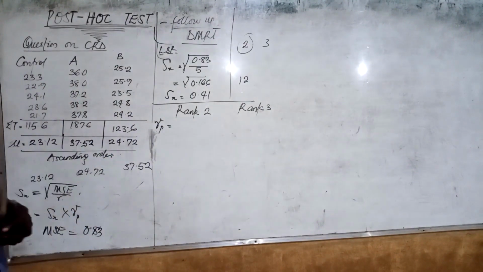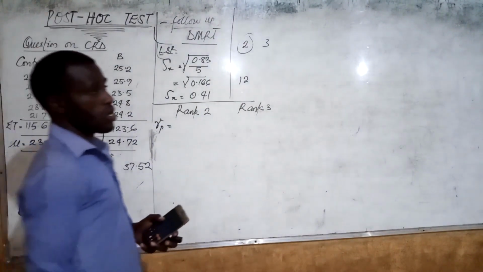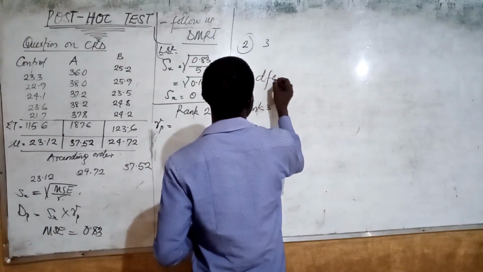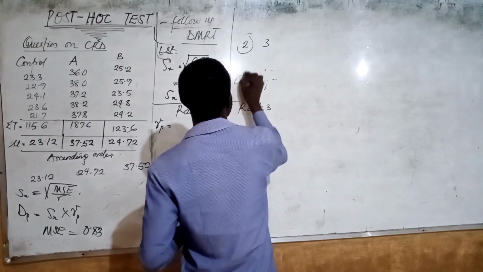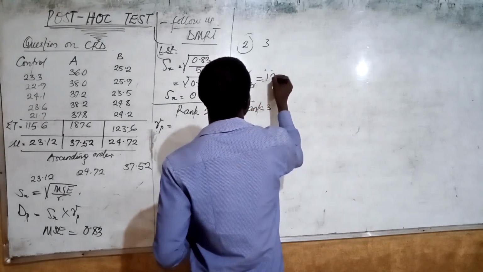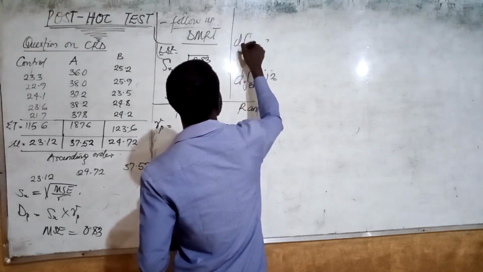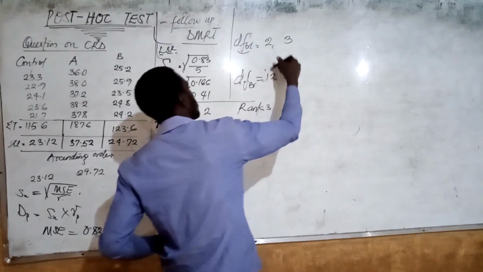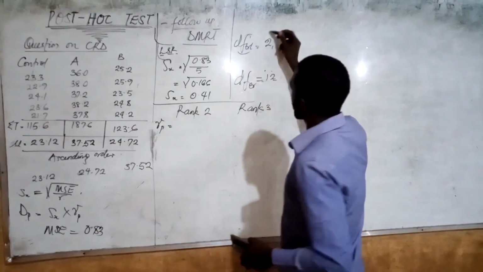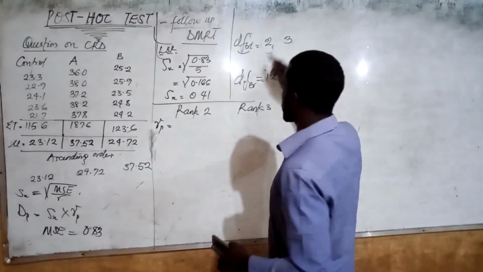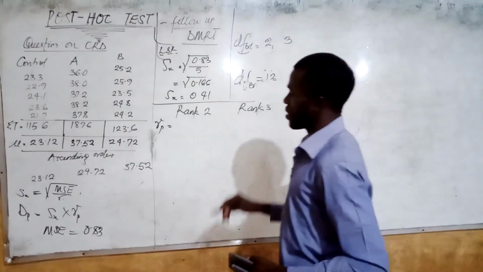So we'll check for 12 under 2. That is as per the question, from our ANOVA table. Remember that our DF error was 12, and our DF treatment was 2. So we'll check DF error under 2, ranked under 2 here, and DF error under 3, ranked under 3 here.